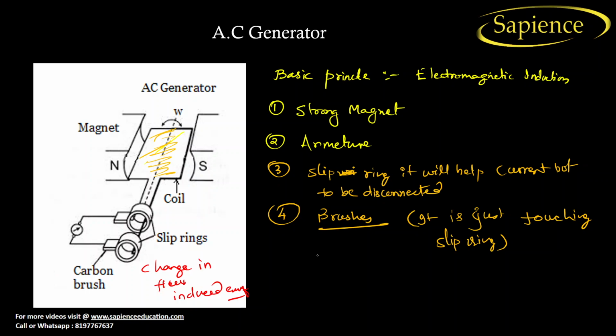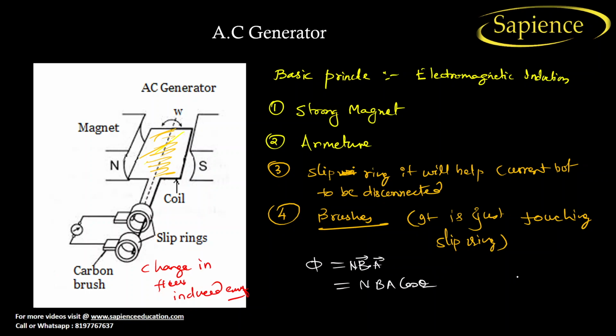Flux is equal to B dot A. But if the armature is wound with N number of turns, this will be NBA. Finally it can be written as NBA cos theta, where theta is the change in angle, right?